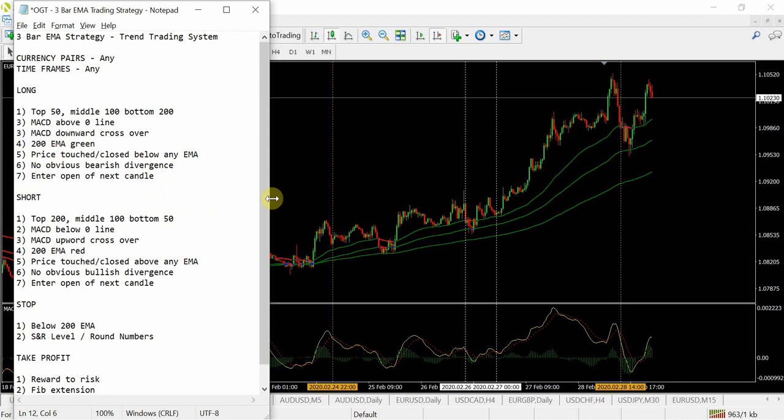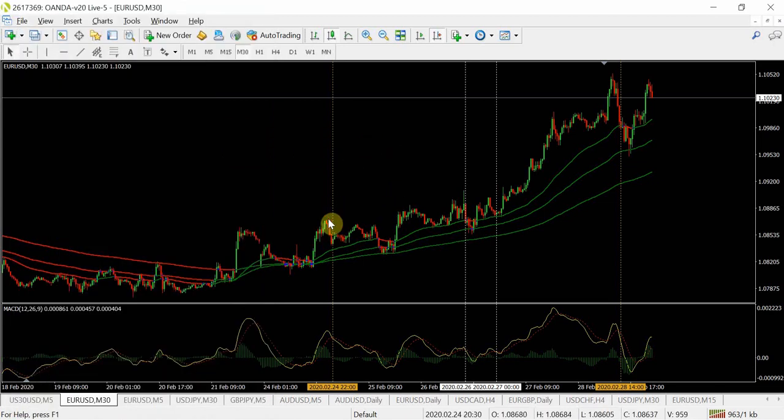The reason is that because we're here, it still pulls back further into this area before it starts to take off. That's why that situation does not become a great trade.